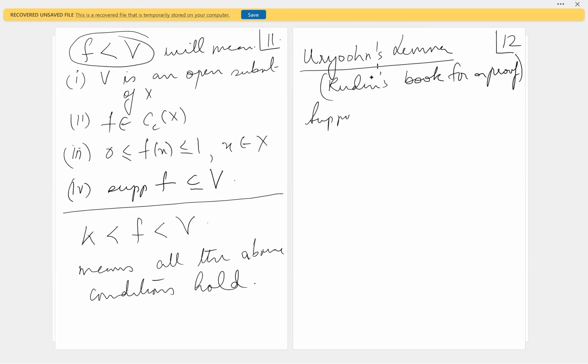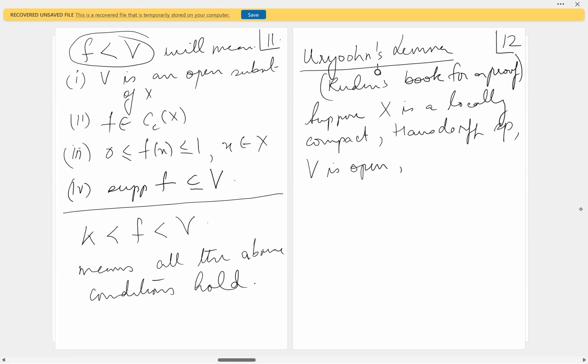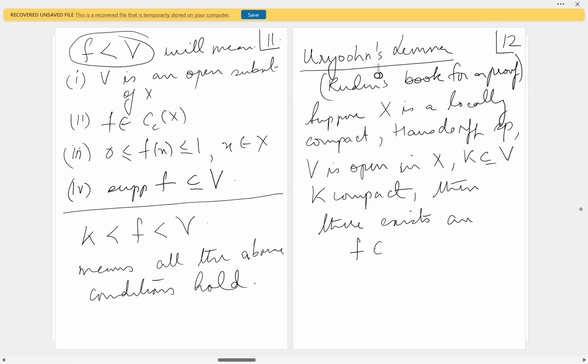It just simply says, if X is a locally compact Hausdorff space, V is open in X and K is a subset of V, K compact, then there exists an f belonging to C_c(X) such that K is less than f is less than V. Okay, so this will be one of our key lemmas we will make use of.